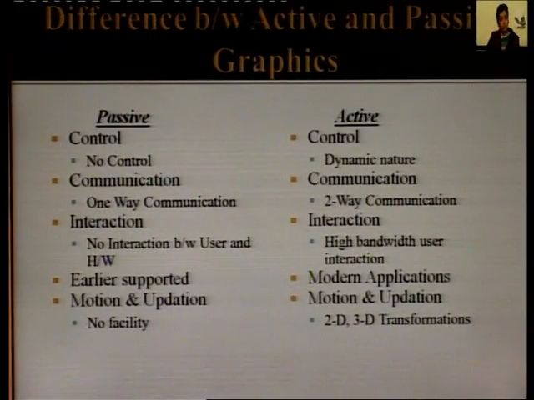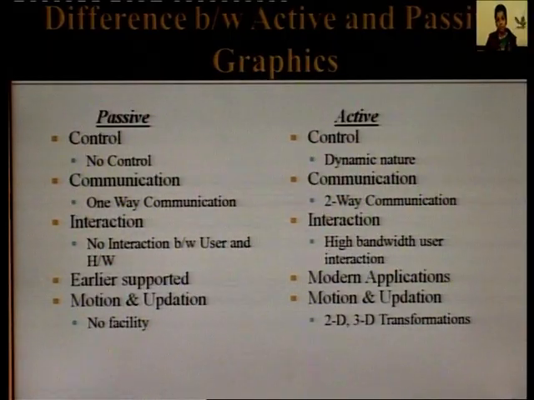Now what is the basic difference between active and passive computer graphics? There are two types of computer graphics, one is interactive and another is non-interactive. Interactive computer graphics means the user and computer interact with each other, that means there is two-way communication. Whereas in non-interactive computer graphics there is no control over the image, no interaction between the computer and the user.